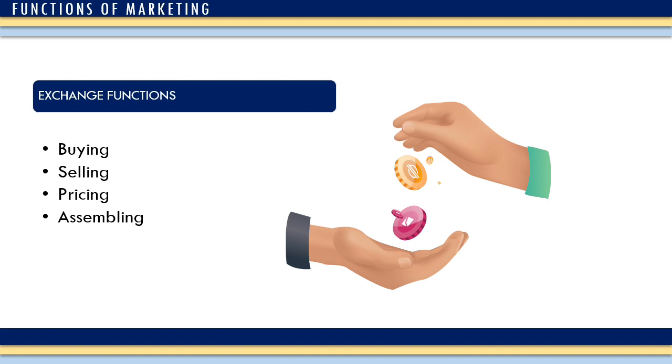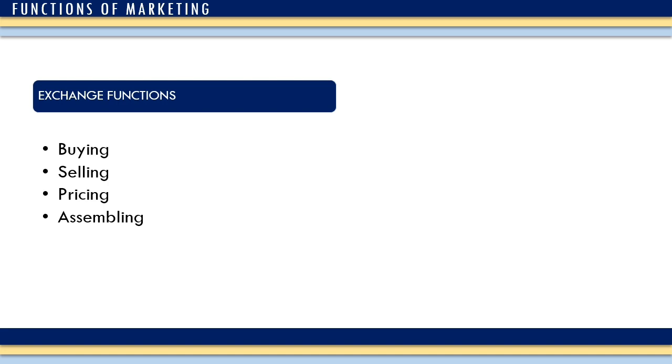And a user's satisfaction or usefulness from a product is derived by the exchange function. What it means is a customer obtains what he wants for satisfying his needs through exchange function. That means he pays for the product which he desires, obtains the product by paying for it, and then he satisfies his needs. So this is, in simple language, termed as exchange function.